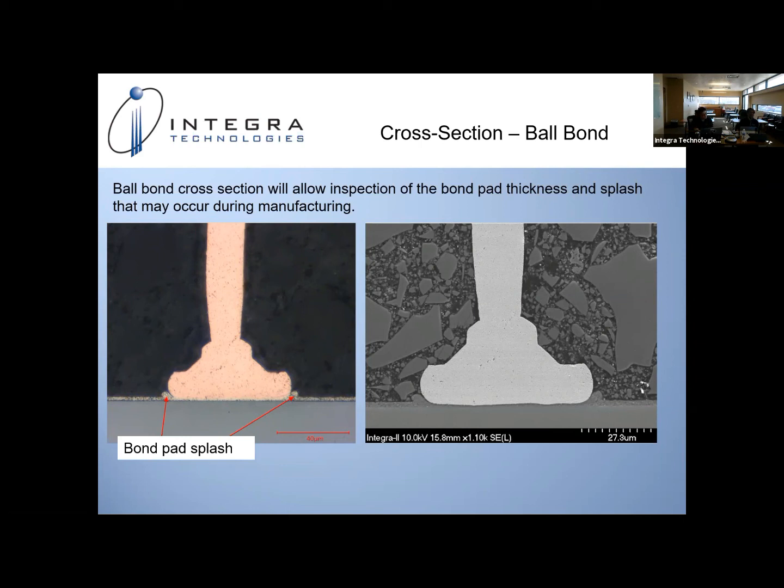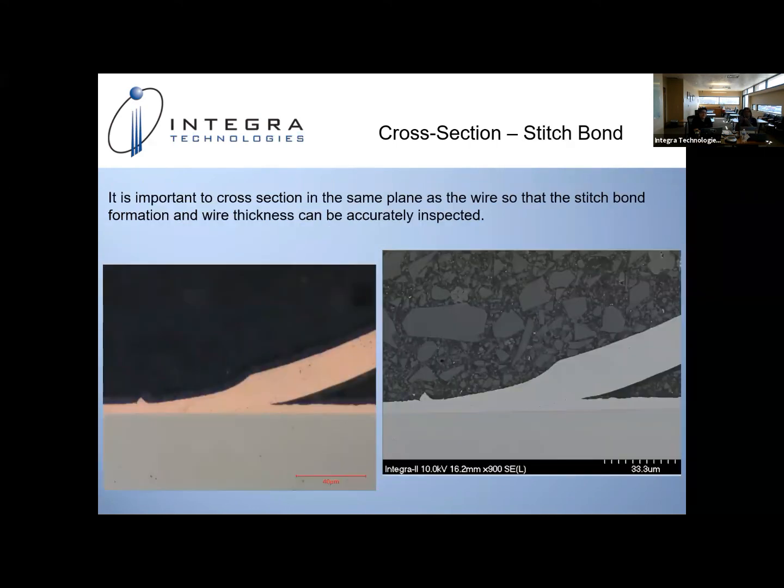There's no cushion material available there. In the case of gold, there is. Gold is a lot softer than copper is. And so when that copper bond wire comes on the bonding pad, if the process is not right, you'll see bond pad splash, your aluminum splashing on the side. So this is what this is showing.